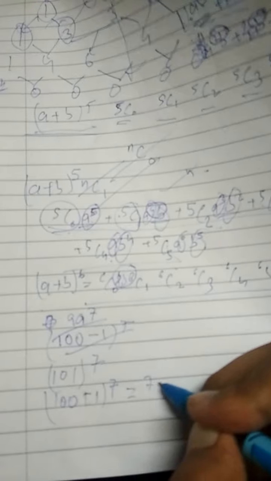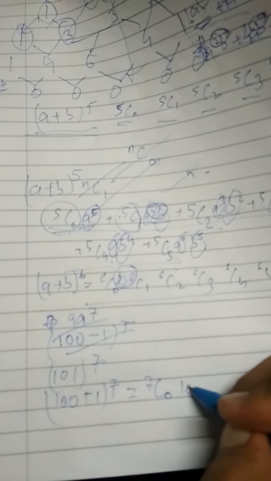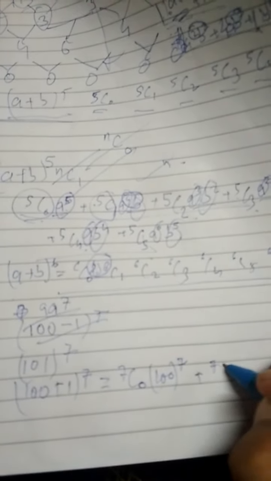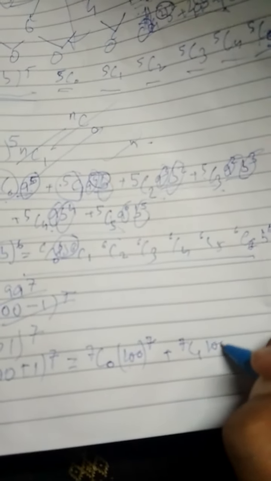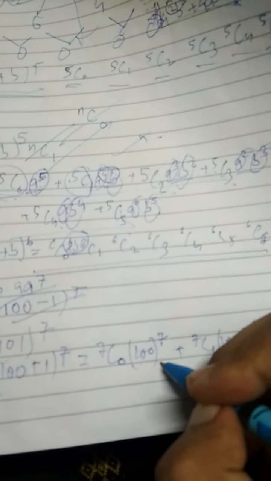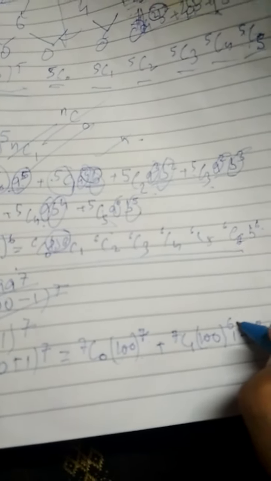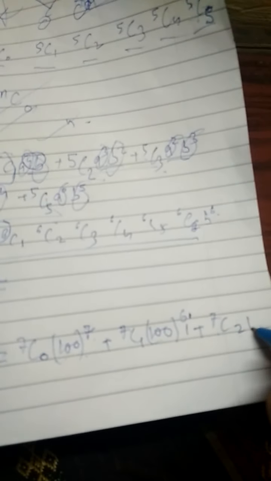It is equal to 7C0 100 to the power 7 plus 7C1 100 to the power 6 plus 7C2 100 to the power 5 into 1 to the power 2, with 1 to the power 0 and 1 to the power 1 in the earlier terms.